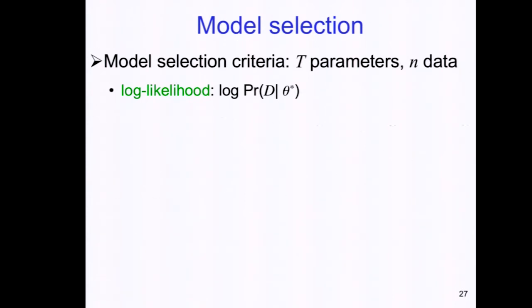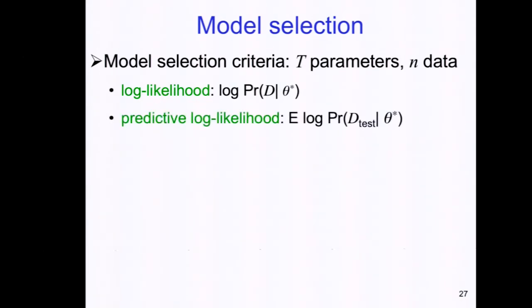But if you have just a small data set, that's probably the only thing you can do. Just look at how well your best trained parameter fits the model by looking at the log likelihood. Likelihood tells you how well the best parameter would approximate the data.